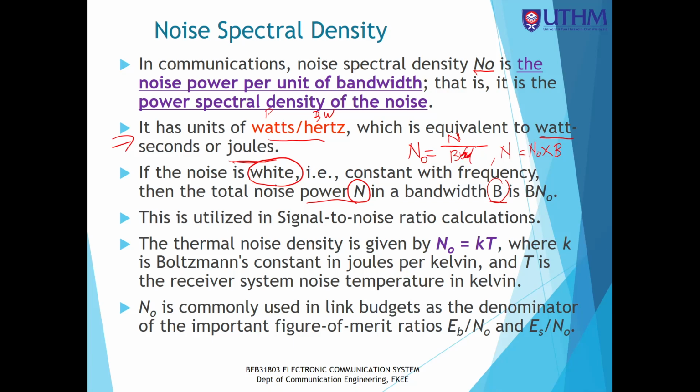So I make it similar. So this is N over B. So N is N0 multiplied with B. So this is utilized in the signal to noise ratio calculations.